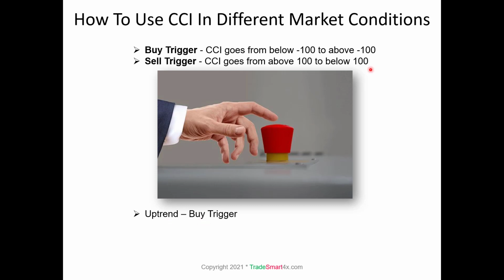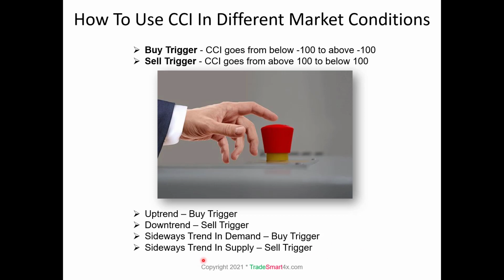You don't want to look for a sell trigger when you're in an upward moving market. If you're in a downtrend, you have to identify the trend first, then you can use a sell trigger to sell. If you're in a sideways moving market, then if you're in demand, you'll look for a buy trigger, and if you're in supply, you'd look for a sell trigger. Is everyone following so far?